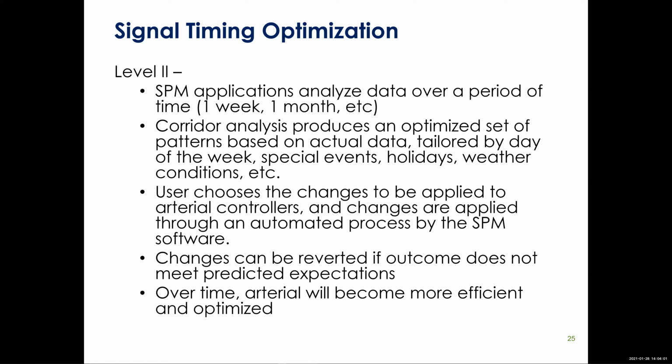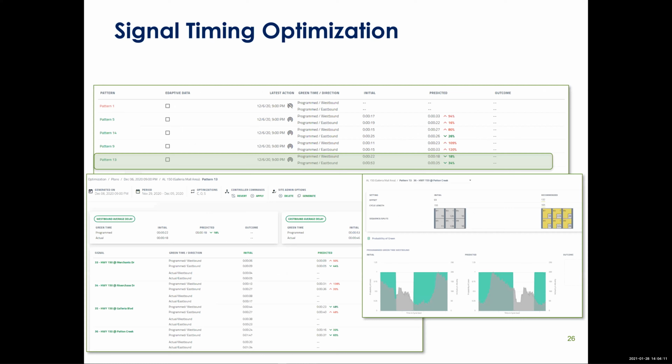Then we take those parameters, run it through the algorithm again, and it comes up with a set of data for each intersection. It analyzes it by pattern. So whatever pattern is running out there, it'll run an analysis on each pattern that's running throughout the day.